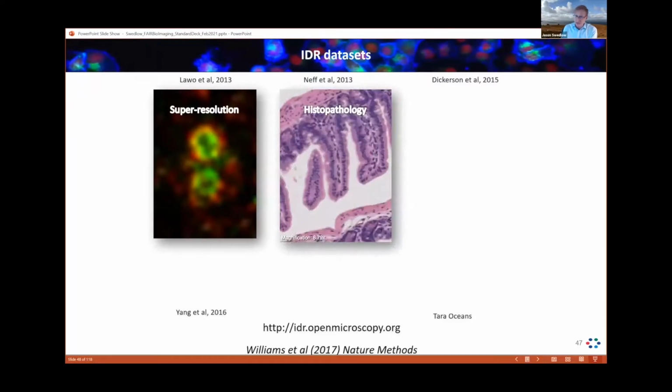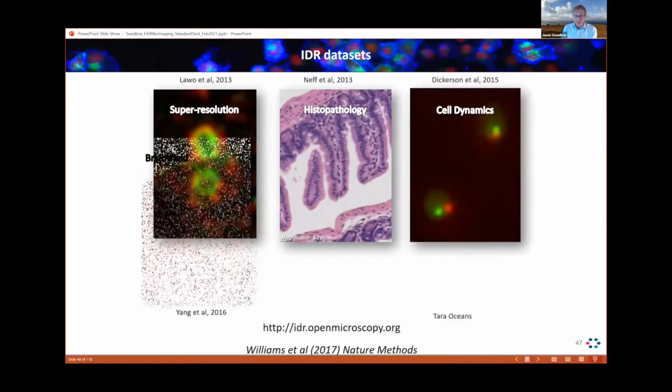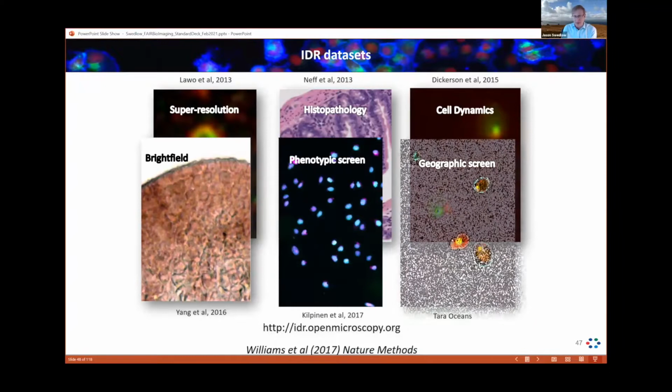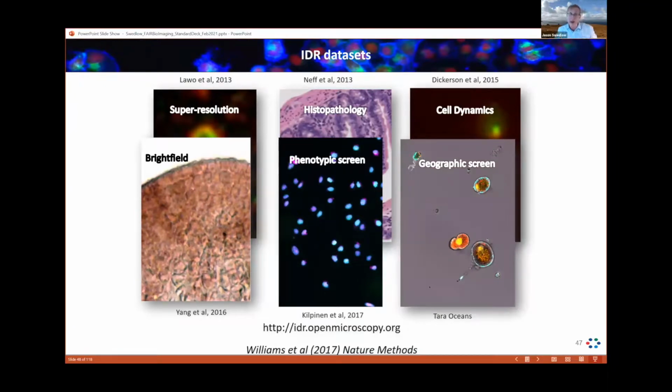Lots of different imaging modalities, and these are just a few of the examples from many different papers. You'll recognize super resolution, histopathology, phenotypic screens. This last one is a so-called geographic screen. This is the Tara Ocean study. It was published a couple of years ago, and this was a sampling of the world's oceans for plankton.